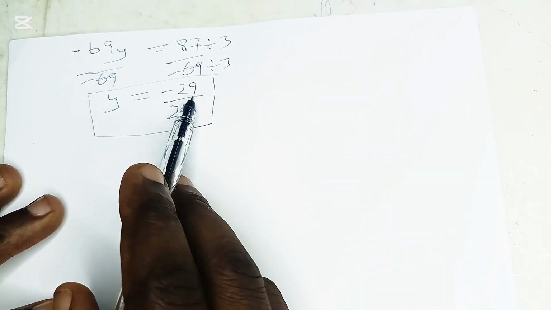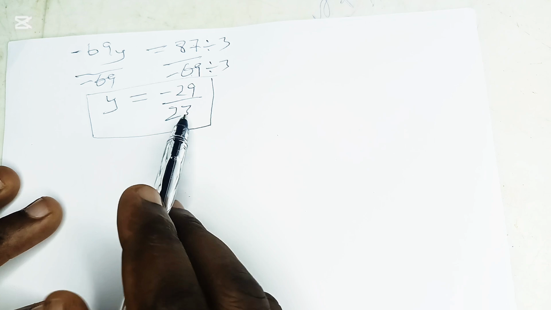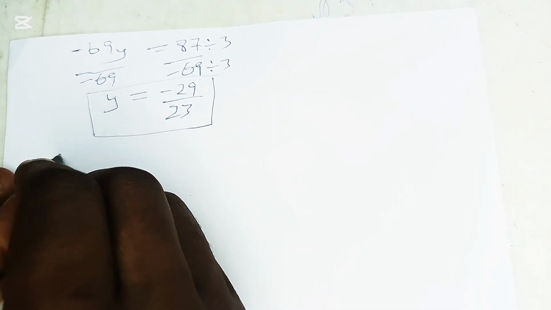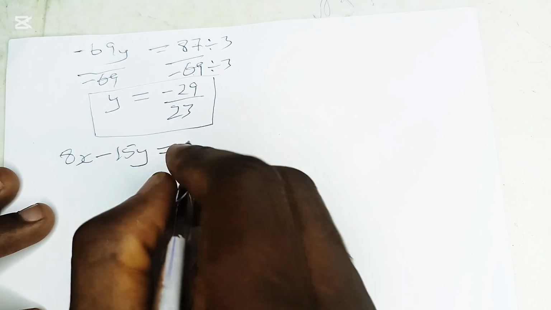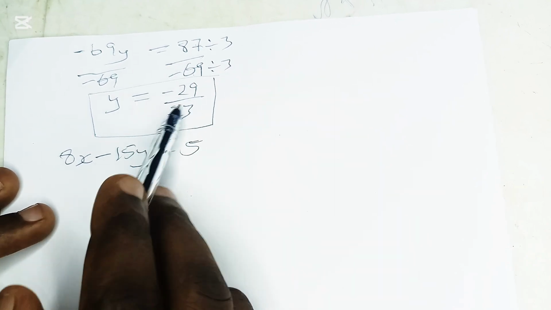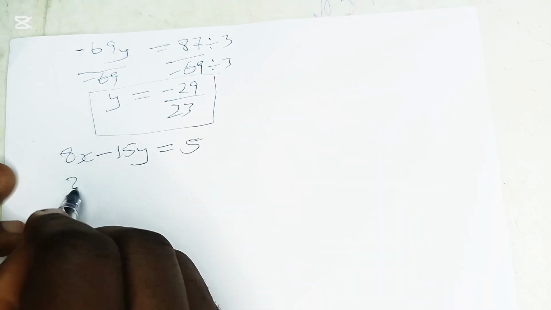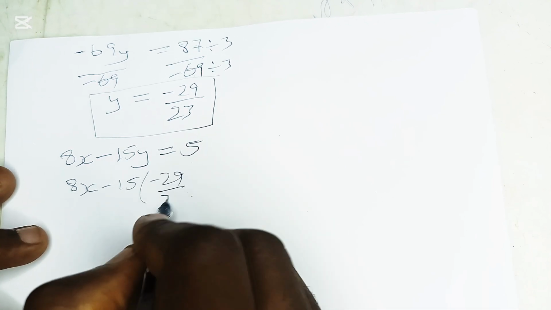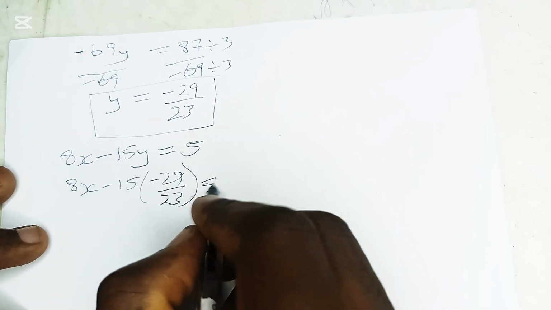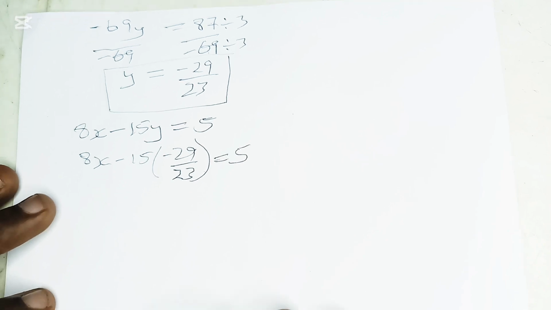To get our x, we substitute this into equation 1. So our equation 1 is 8x minus 15y is equal to 5. Substituting this for y, so you have 8x minus 15 into minus 29 over 23 is equal to 5.